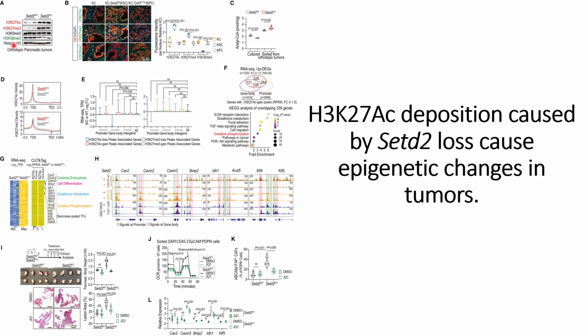And simultaneously, the dysregulation of H3K27Me3 also helps in the upregulation of these proliferation and migration markers. So I hope you understood the relationship between H3K27Ac in the Setd2 knockdown cells that cause epigenetic changes.